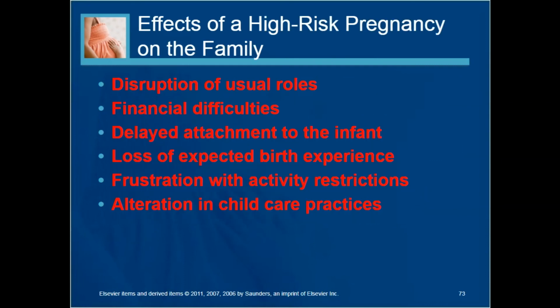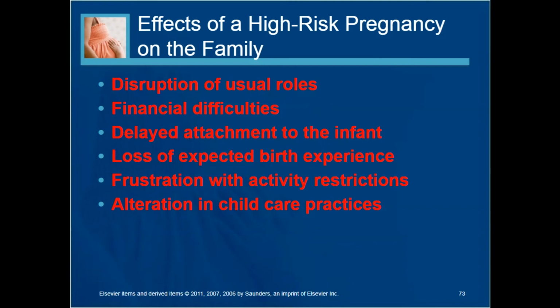Effects of a high-risk pregnancy on the family. It is a disruption of usual roles. Sometimes the mother will not be able to work or do any of the things that she's expected to have done. They may have financial difficulties because of this also. They have delayed attachment to the infant because they've been in the NICU or separated from the infant, or maybe don't even have the energy to deal with it.